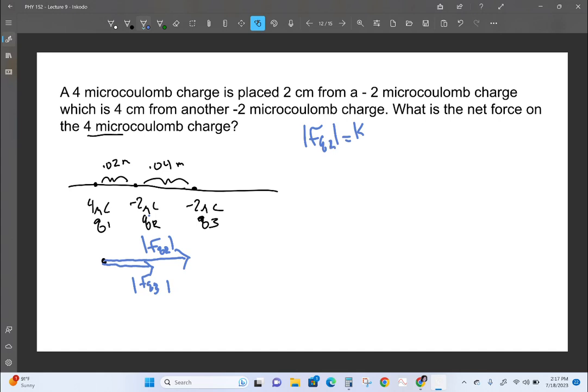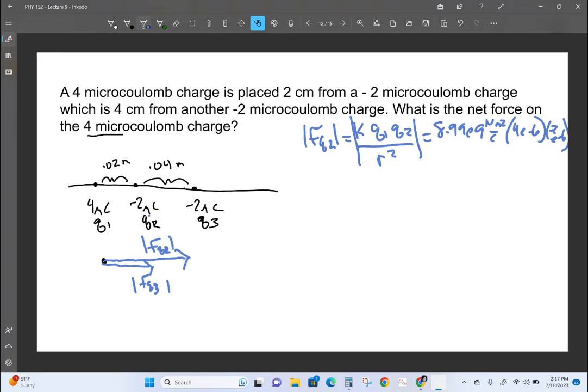So the first one I'm going to find is the force due to Q2. It's going to be Q1 times Q2 all over the distance between them squared. And I'm doing the absolute value because I really don't care about positives and negatives right now. It's going to be 8.99 e to the 9 newton meters squared over coulombs squared times 4 e to the negative 6 and negative 2 e to the negative 6.